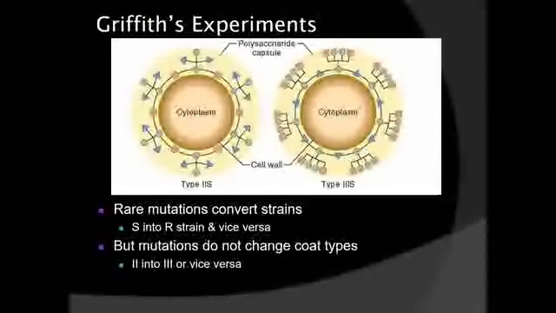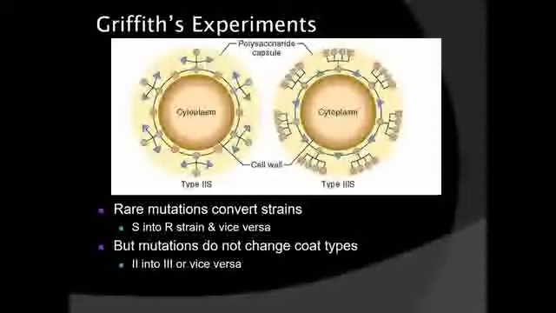consisted of a series of steps that were based on the conversion of smooth strain into rough strain and rough strain into smooth strain. The capsular trait could be converted, however the serotypes were not changed.